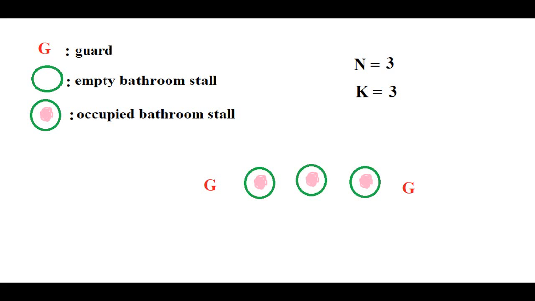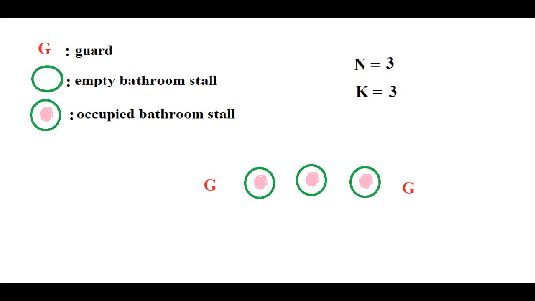Now that we understand how everyone chooses their stall, let us try to solve the problem with another example. The problem goes: when K guests have entered the bathroom, what is the maximum number of free stalls between the last guest and the other guests, or guards?